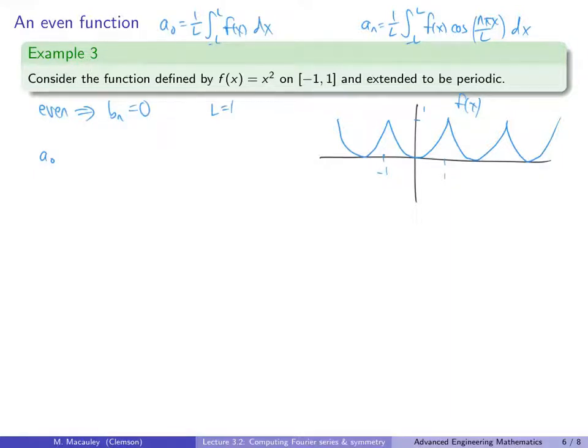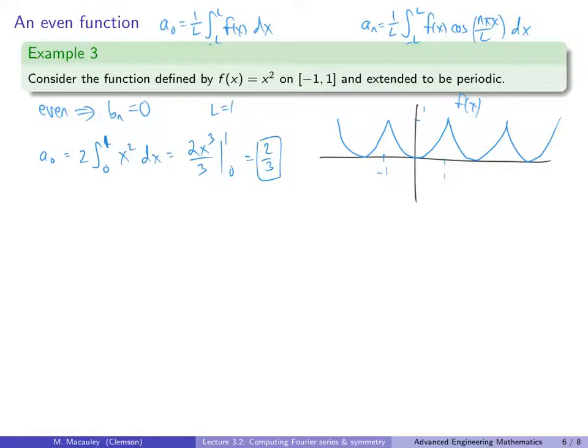So a naught is, well, I'm going to do the shortcut right away. I don't need to because it's continuous here, but I'm going to take 2 times the integral from 0 to L of x squared dx, and I get 2x cubed over 3 from 0 to 1, and so this is 2/3.